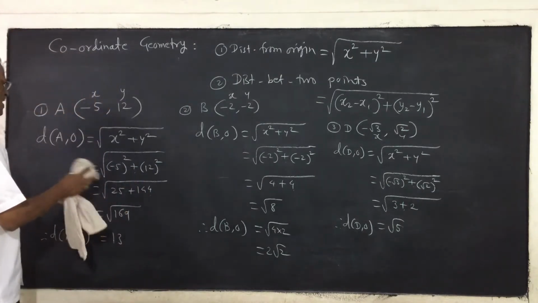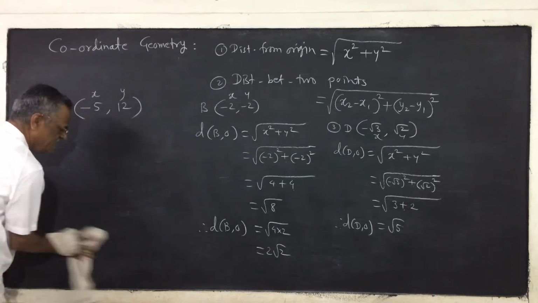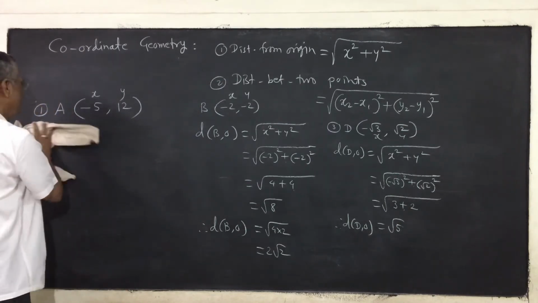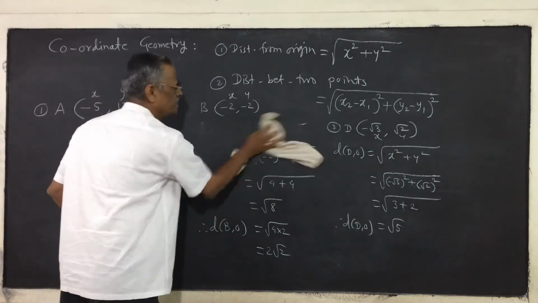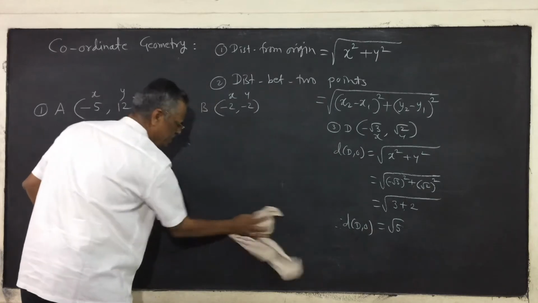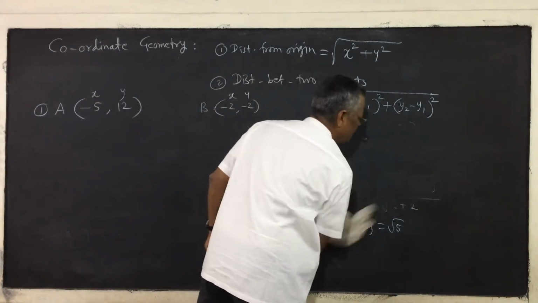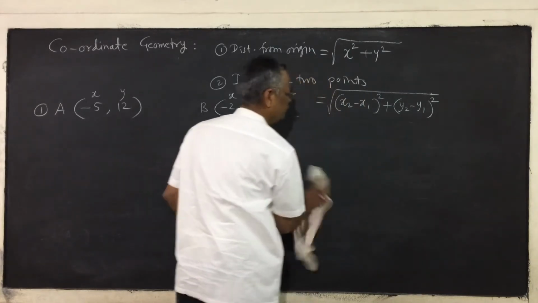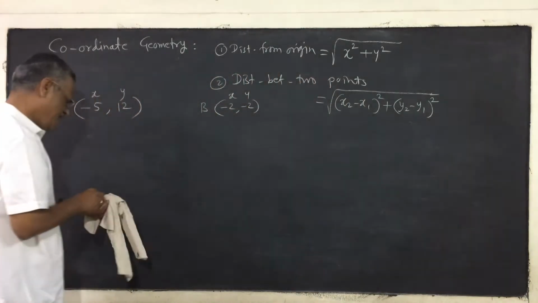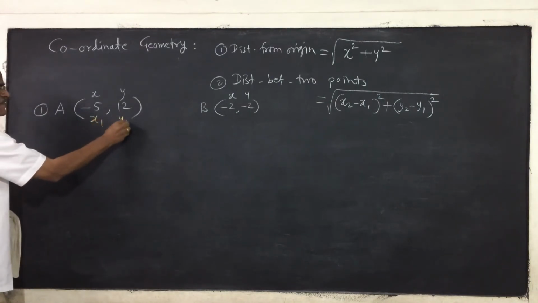Now let us see another question. What is the question there? Suppose A and B are 2 points there. What is the distance between A and B? That is the question. See that this is your first point, so consider x1, y1.